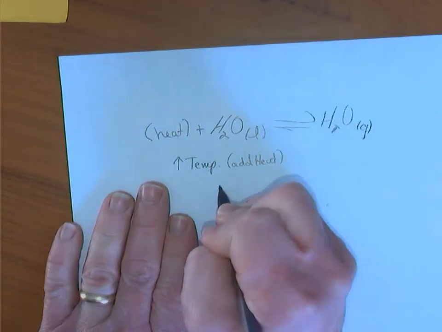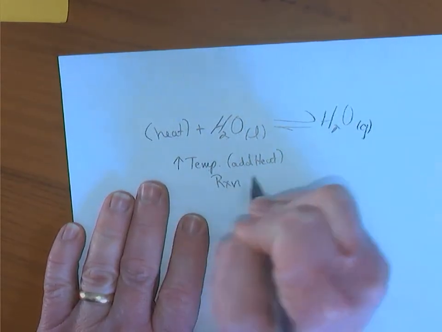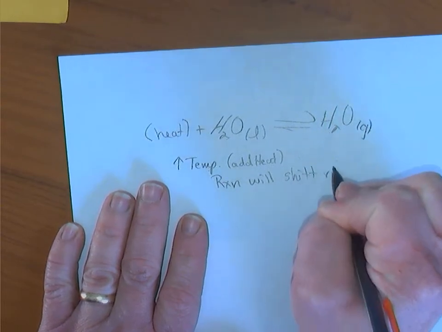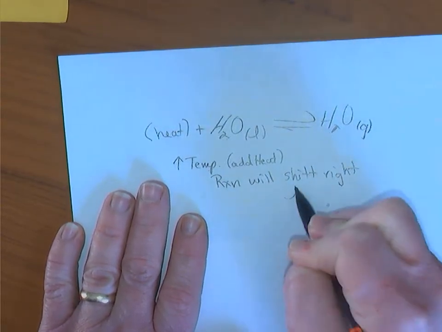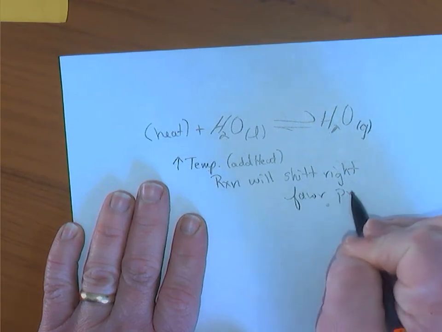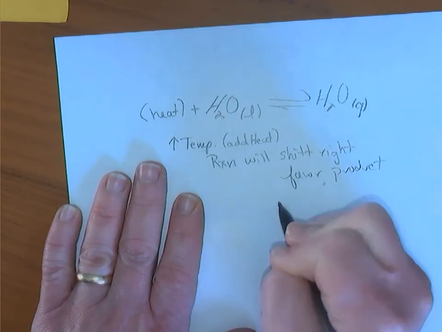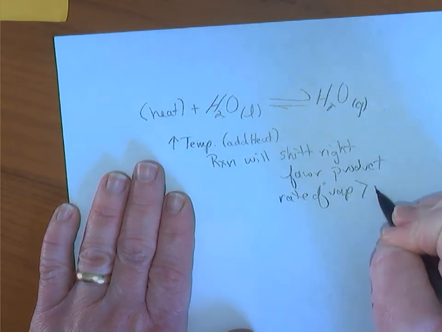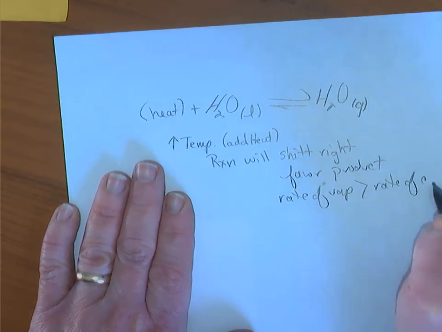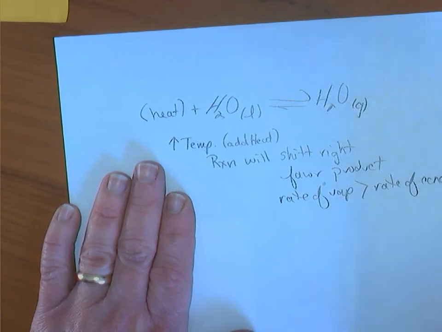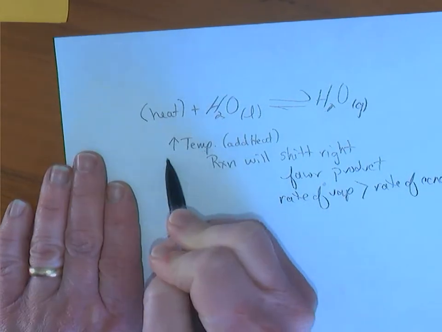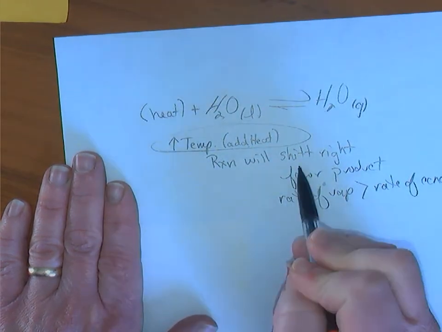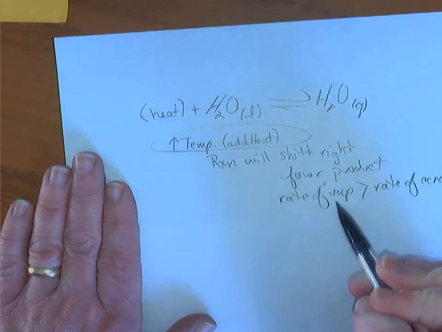And so the reaction will shift right, will favor product, or we could say the rate of vaporization will exceed the rate of condensation. All right, so for this circumstance, if this is our stress, this is how the system is responding.